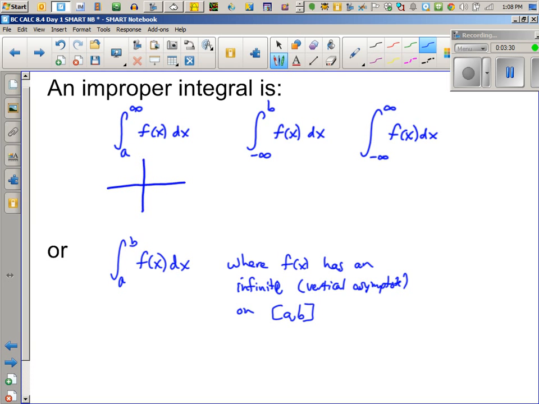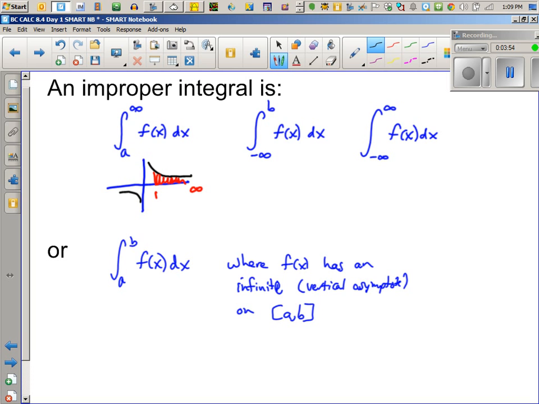I've got this function, this curve, and I'm trying to find the integral from 1 to infinity. This is improper because we're trying to find the area of an infinitely large slice of space.